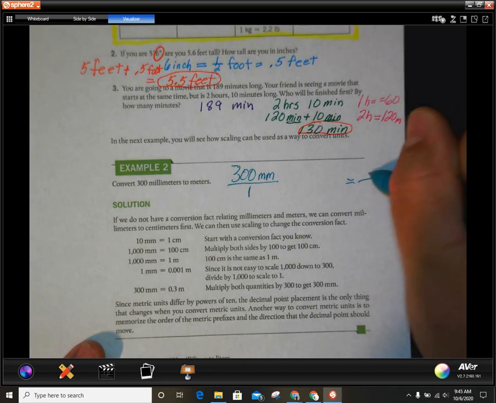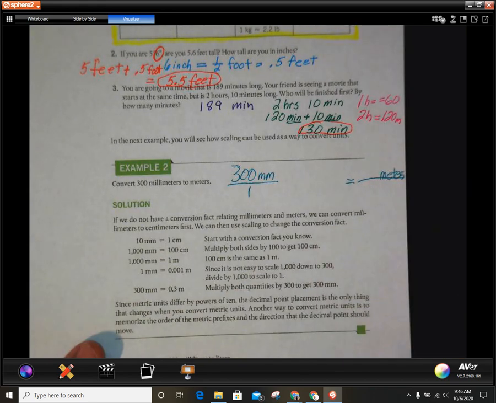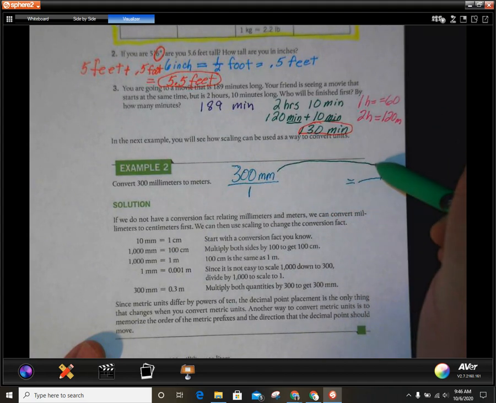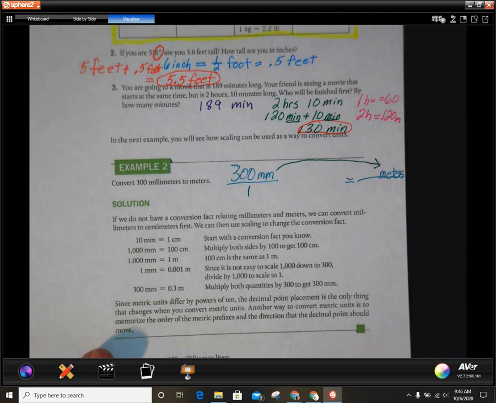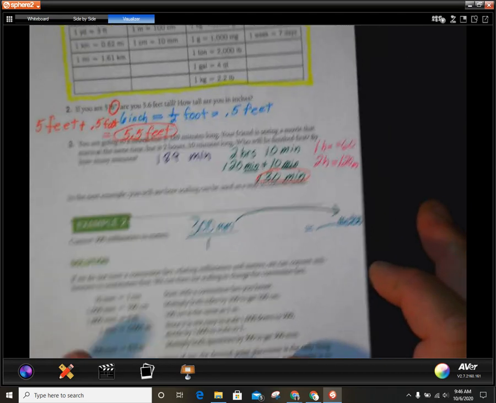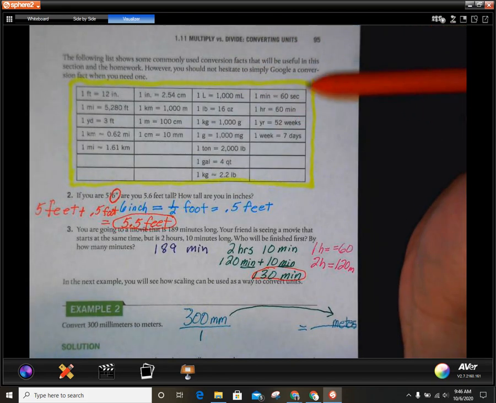Now I don't know how many meters, but I need to change this millimeter to meters. So I go back in here and look at my chart. Hopefully it'll tell me millimeters to meters.